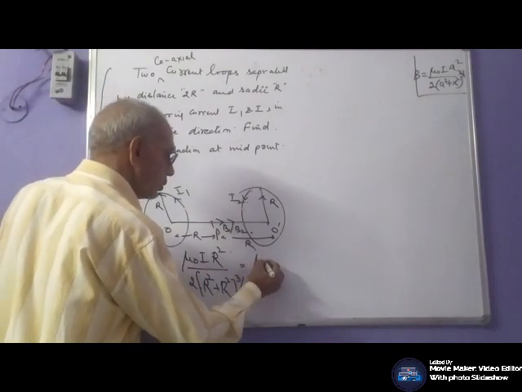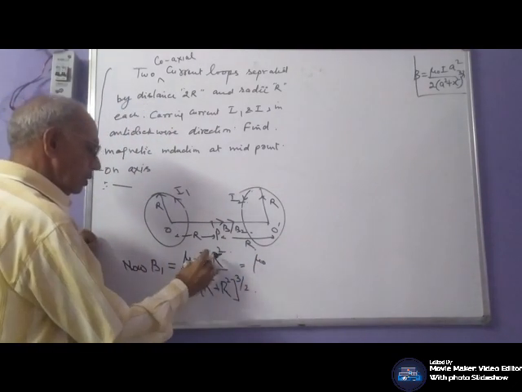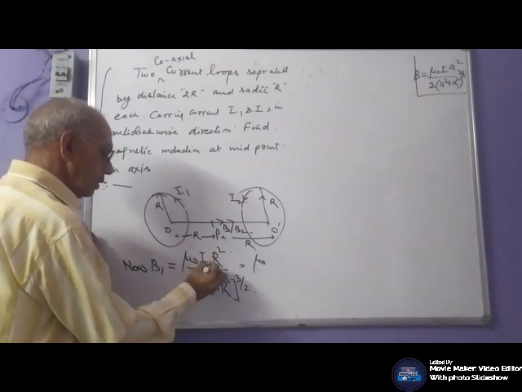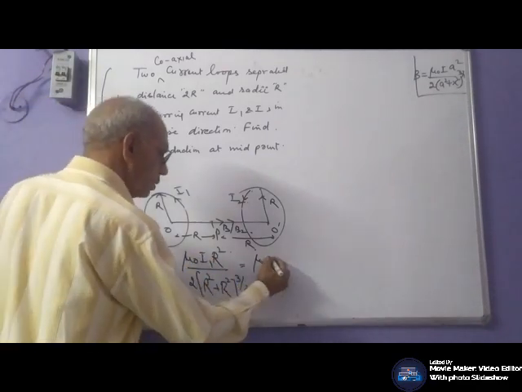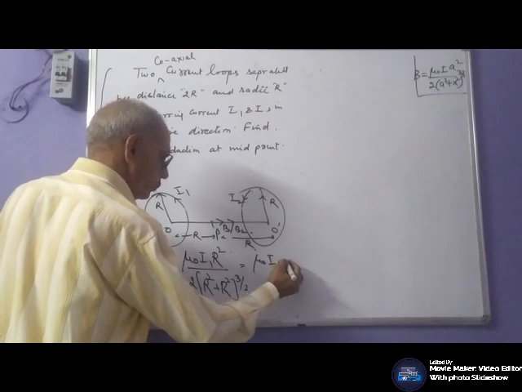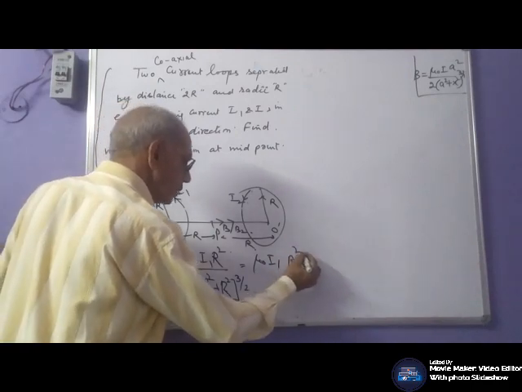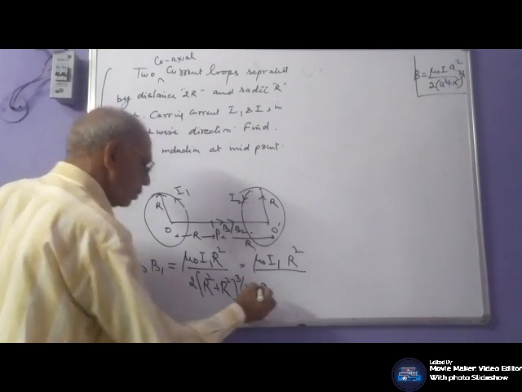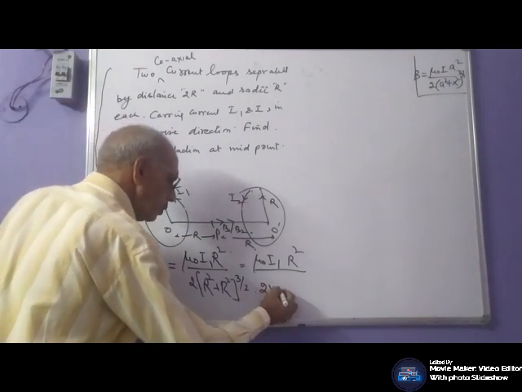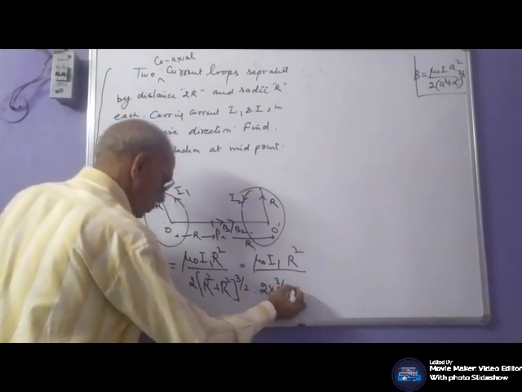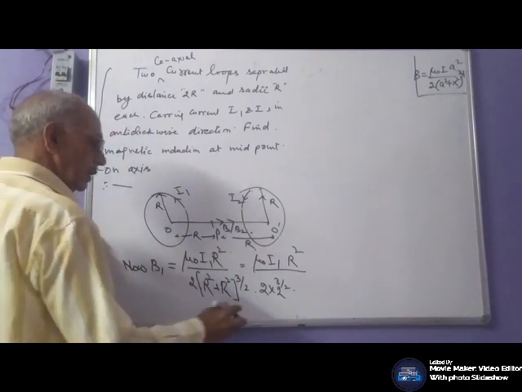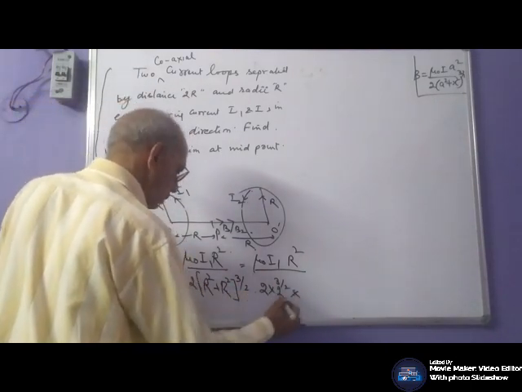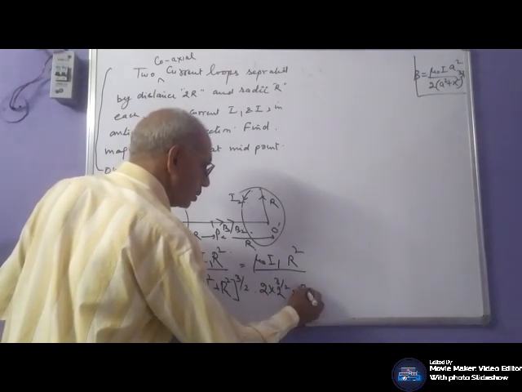It is mu naught. The current is not I, it is I1 here. Mu naught I1 R square by 2 into (2r square) to the 3/2, into r cube.